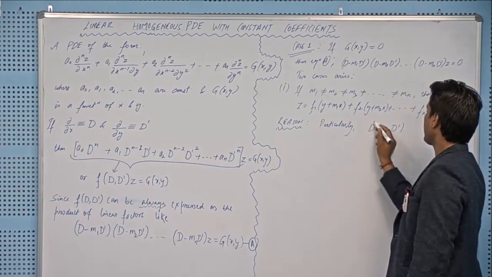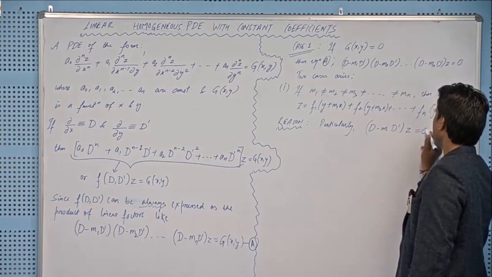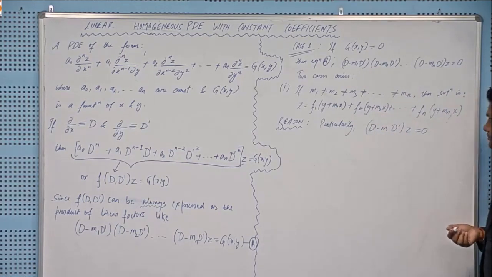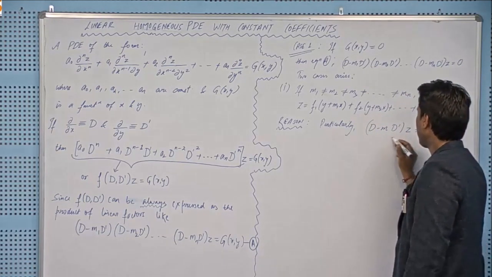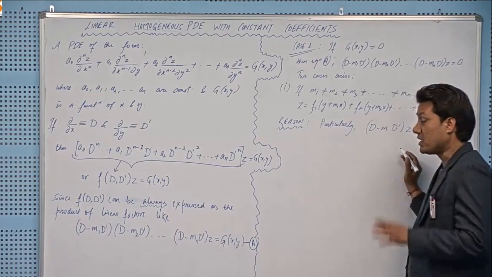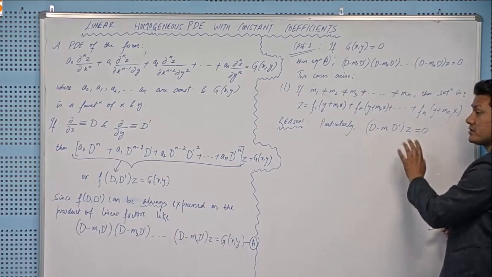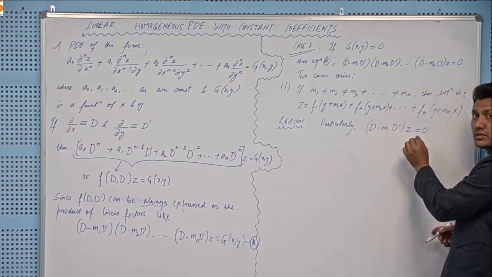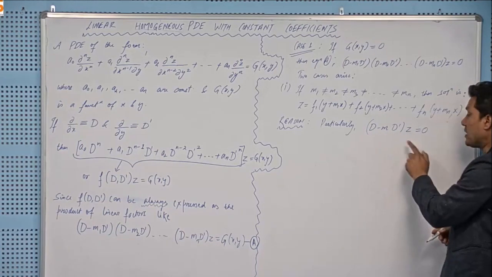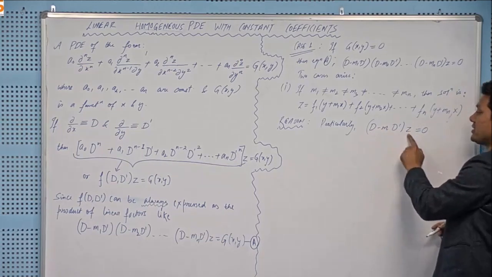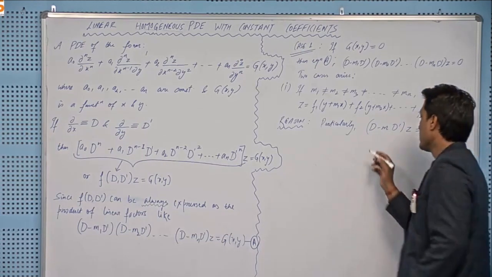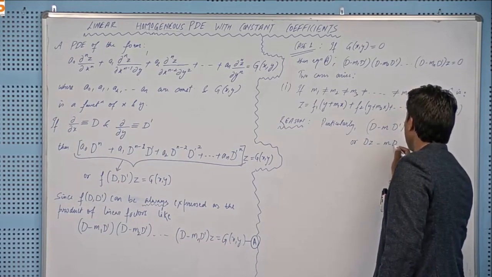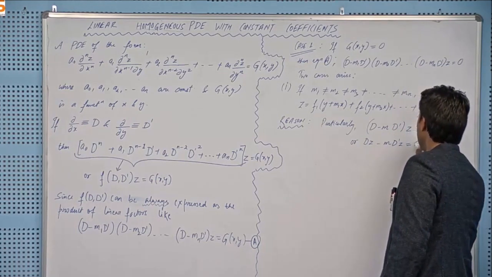D minus mD dash z equal to 0 for any of these factors equal to 0. Should I multiply this? Oh no, not multiply. This is an operator operated on this z, or you can say on this function, right? So do not use the word multiply. D operated on z and D dash operated on z. This will become Dz minus mD dash z equal to 0.